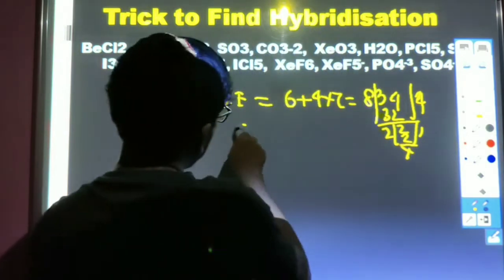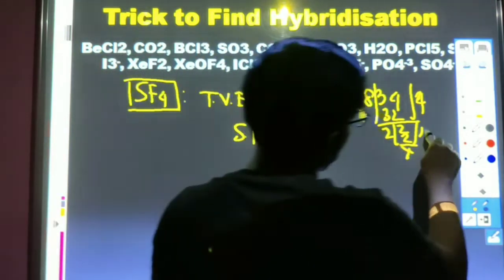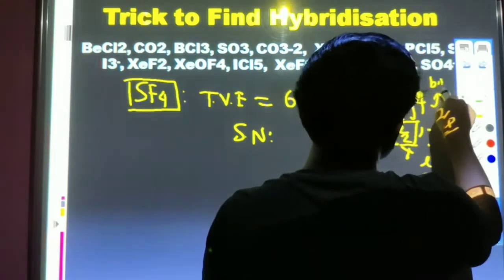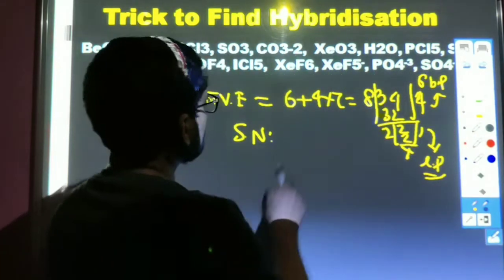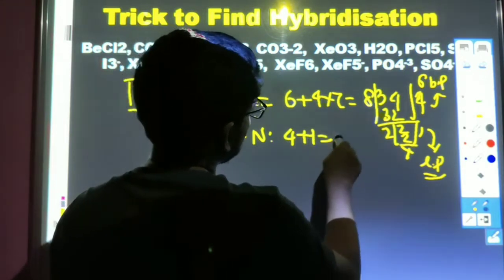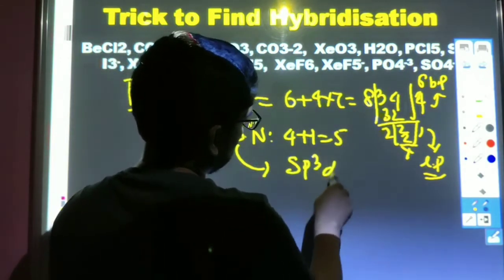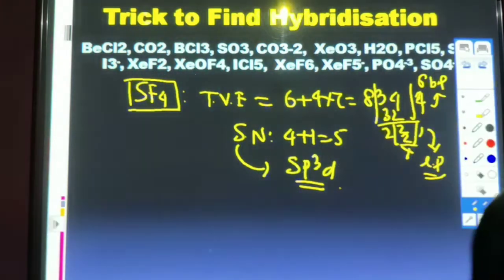So steric number, so this value will give you lone pair, this is sigma bond pair. So steric number is equal to 4 plus 1, that is 5. So hybridization will be sp3d hybridization.